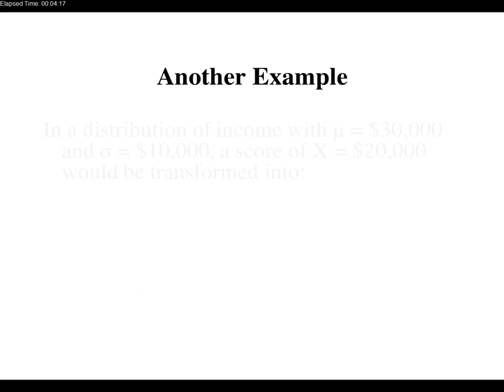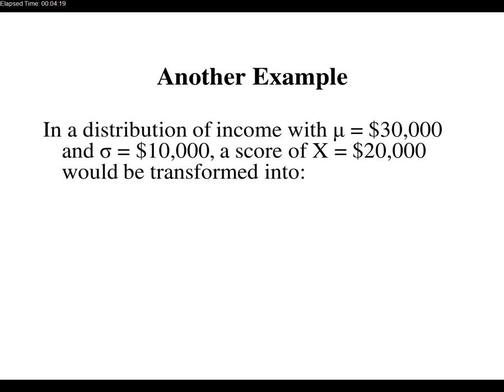Here's another example. In a distribution of income, how much money you make, with a mean of $30,000 and a standard deviation of $10,000, a score of x equals 20,000 would be transformed into, you already know this, don't you? z equals -1. Why is that?